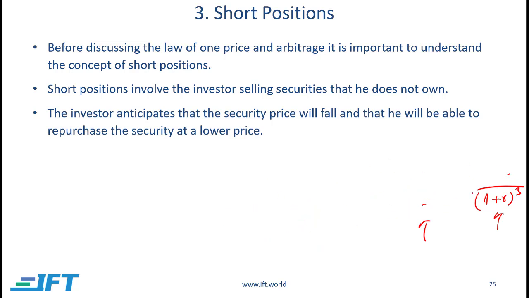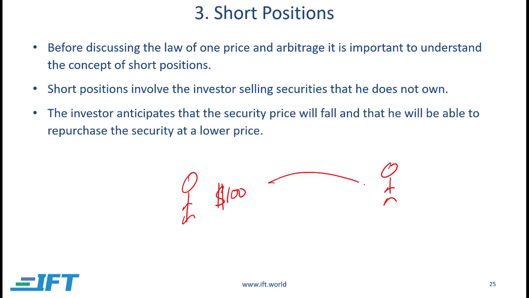Now, what does that mean? Let's say you have a bond, this is you, right? And this is me, and you have a bond which is currently trading at $100. I don't have it. I borrow it from you and I sell it in the market, and I get $100 right now because that's the market price, right?